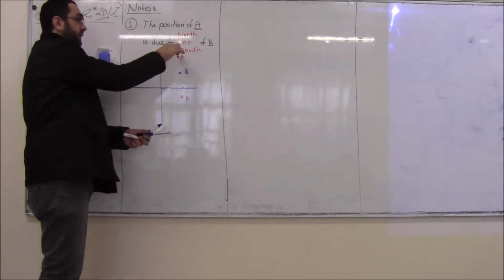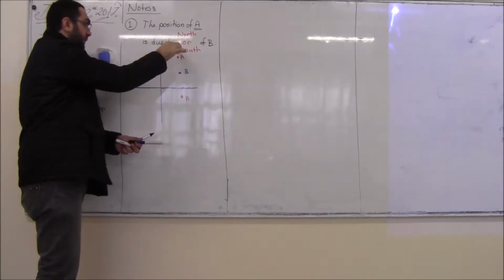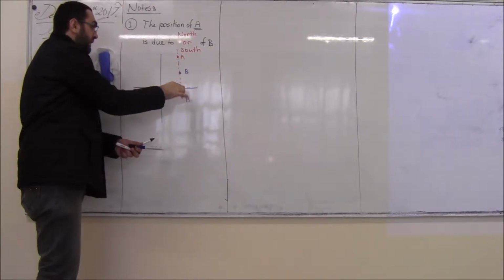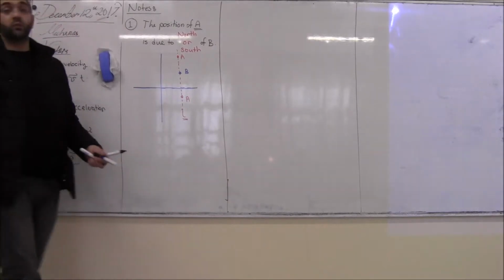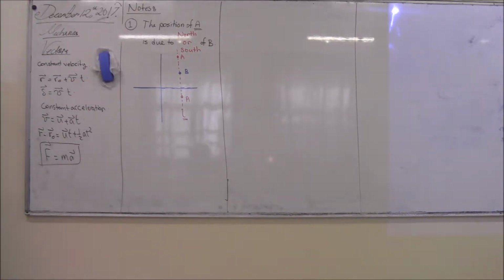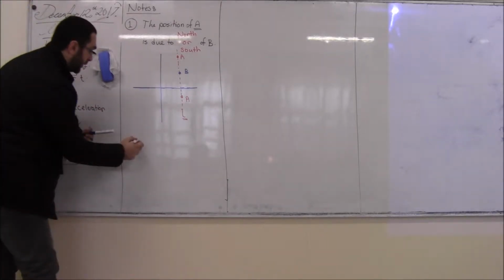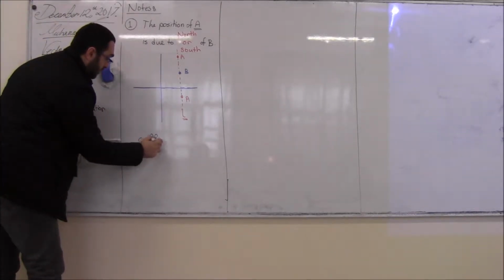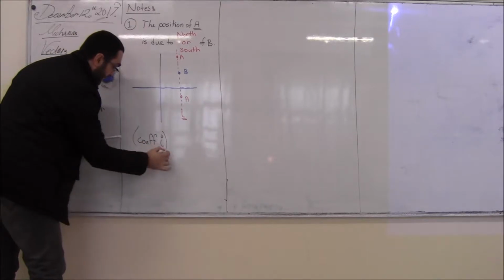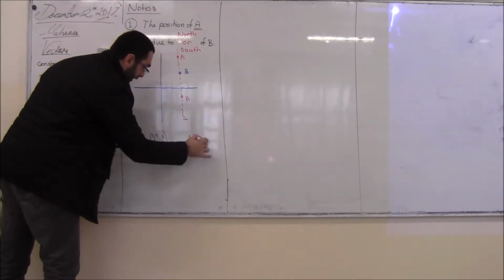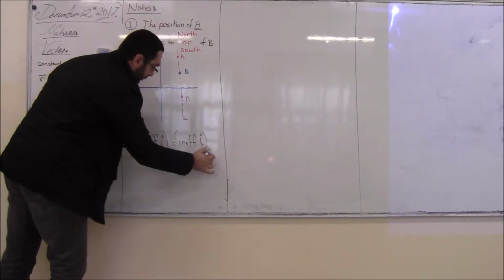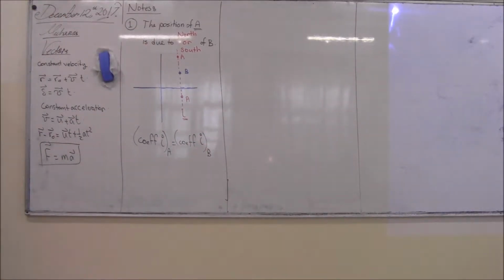Is it north here? Is it south of B here? What does this mean? They have the same I component. So we will write that the coefficient of I for A equals the coefficient of I for B. Any question about this point?